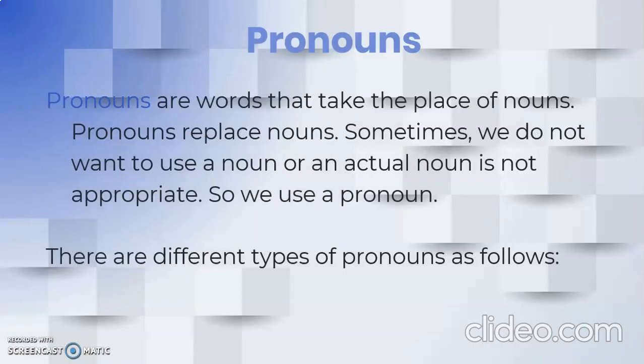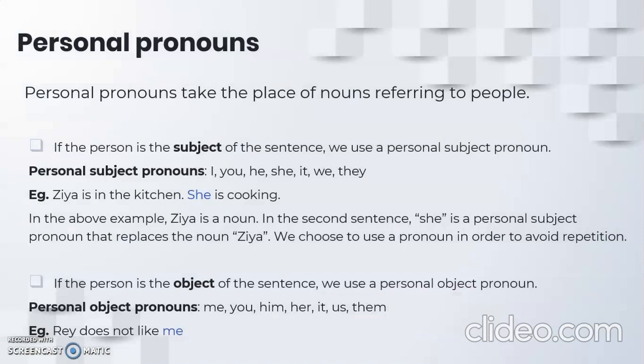The next is pronouns. Pronouns are words that take the place of nouns. Sometimes we don't want to use a noun, so instead we use a pronoun. Here I have an example. Zia is in the kitchen.